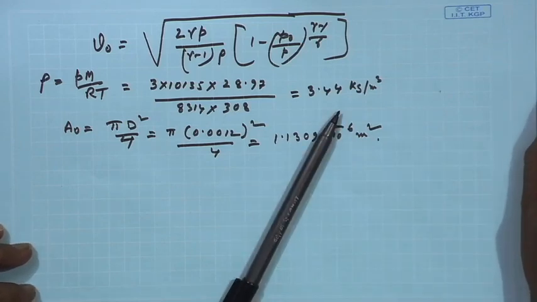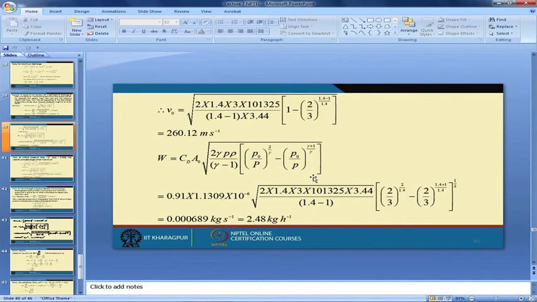If this is so much, you know what rho and A0 are.